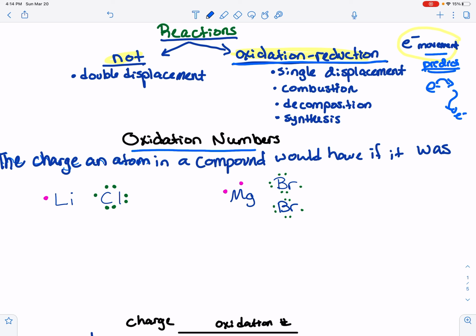You don't have to be able to predict what electrons are doing throughout the reaction, but in GenChem 2, you will have to readdress this topic, and you will see what's going on with the electrons. You will figure out things like what current would be generated, and how to balance a reaction that has a lot of electrons moving in it. So for now, we're just looking at oxidation numbers.